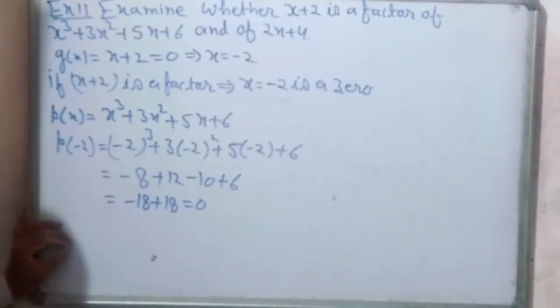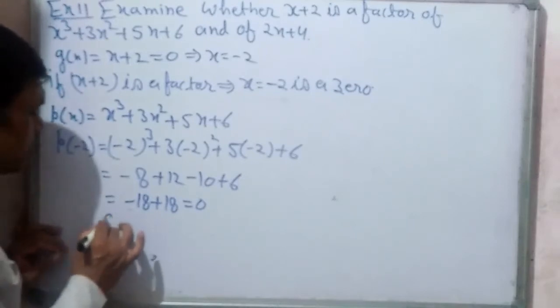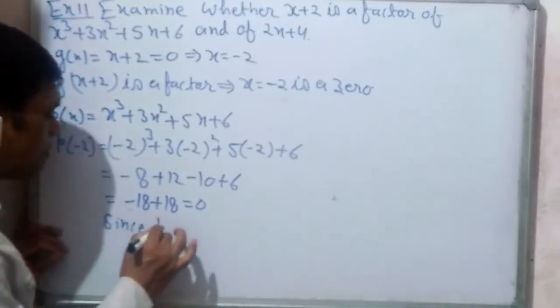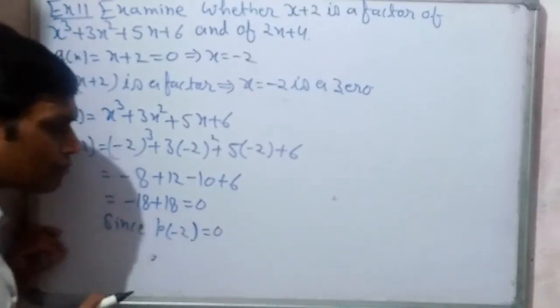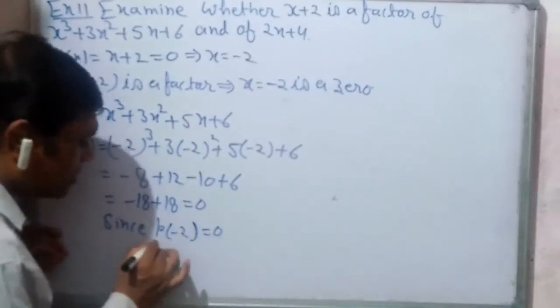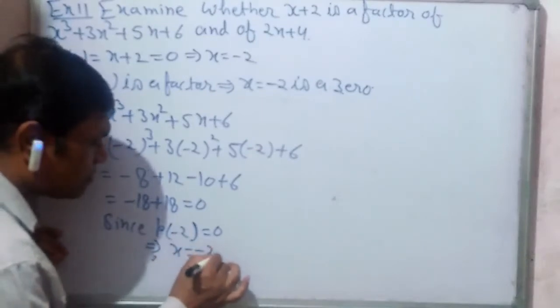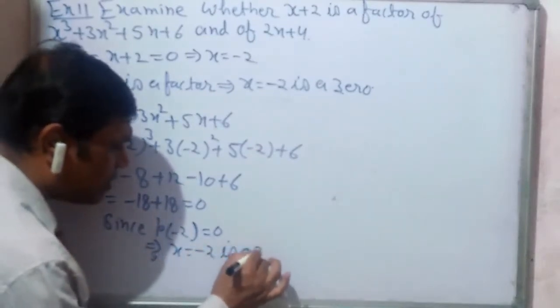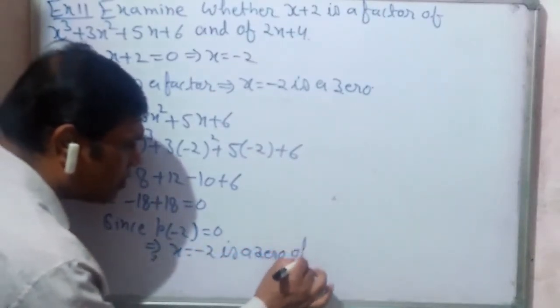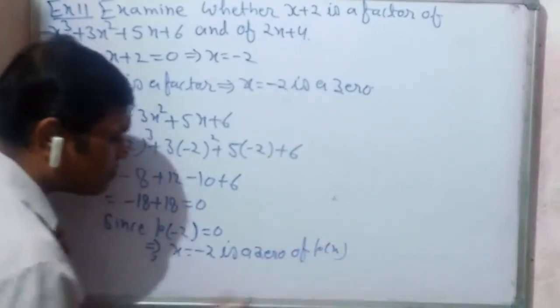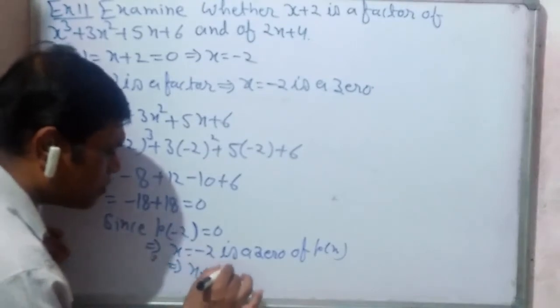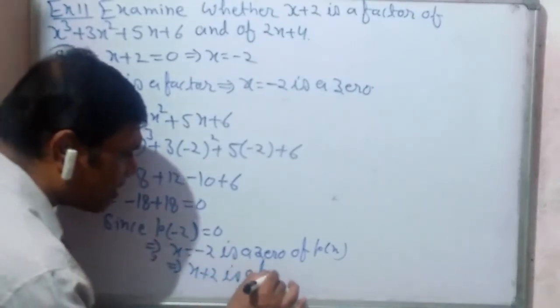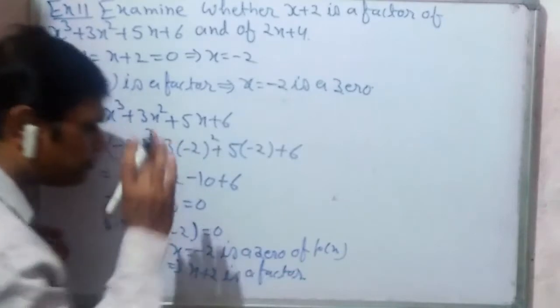Since p of minus 2 is 0, it implies x equals minus 2 is a 0 of px, which implies x plus 2 is a factor.